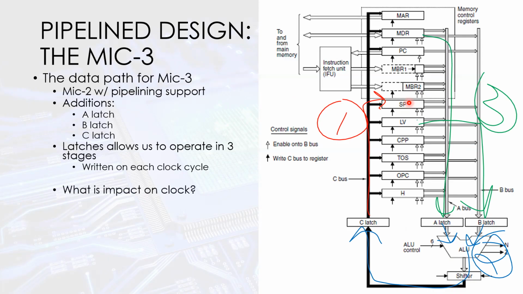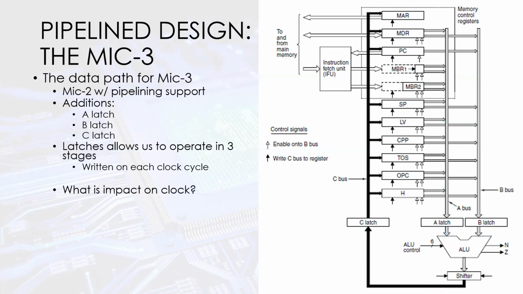So what's the impact on my clock? Imagine the amount of time it takes in the worst case for data to flow out of the furthest input register, down through the longest ALU path and the longest shifter path, and back to the furthest away register.